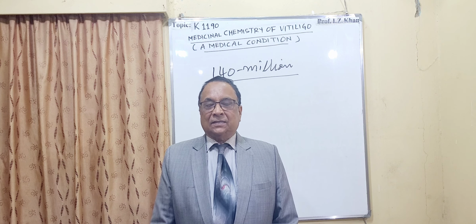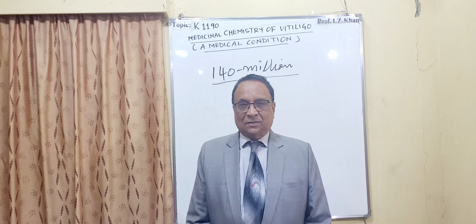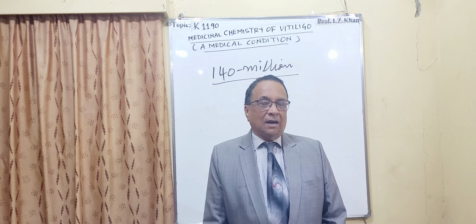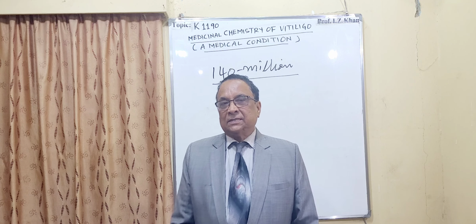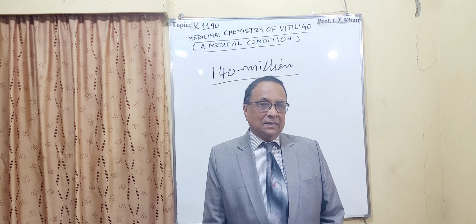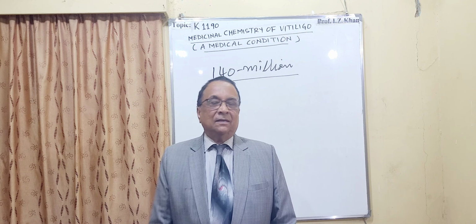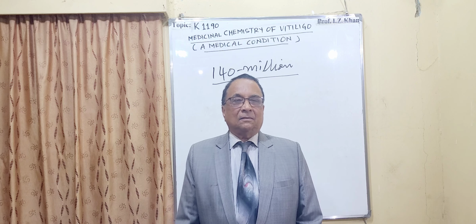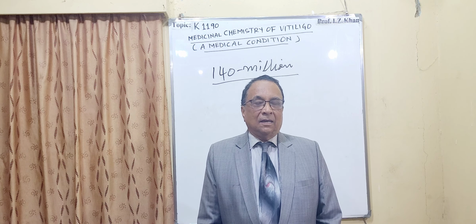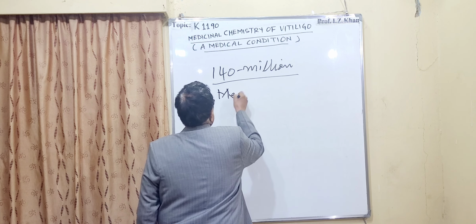But actually this vitiligo or leukoderma, that is white spot on the skin, is called a skin disease. But strictly speaking, as a medicinal chemist, I will call it a problem of pigmentation, and that pigmentation cell is called melanocyte.